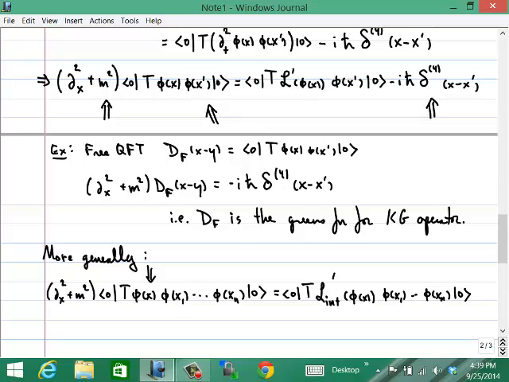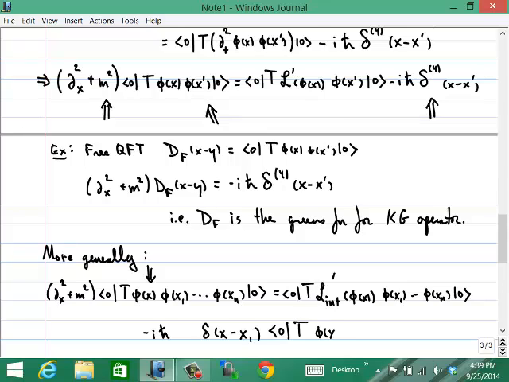So you would get a term that looks like minus i h-bar times a delta function that sets x equal to x1, times the correlation function where you just got rid of x and x1 and you had all of the other operators that would just go along for the ride in this computation.